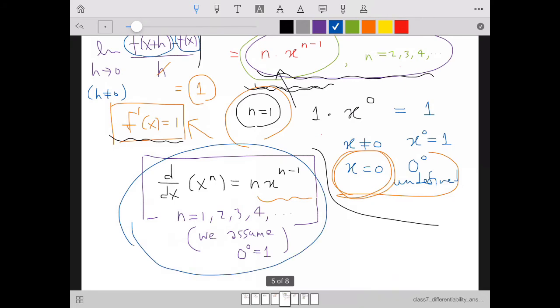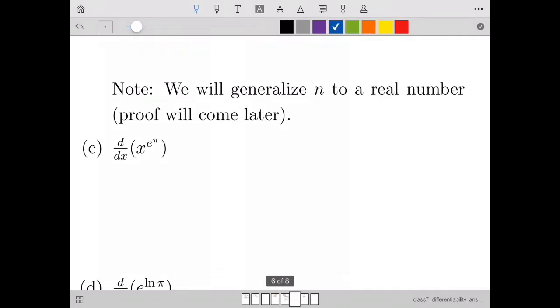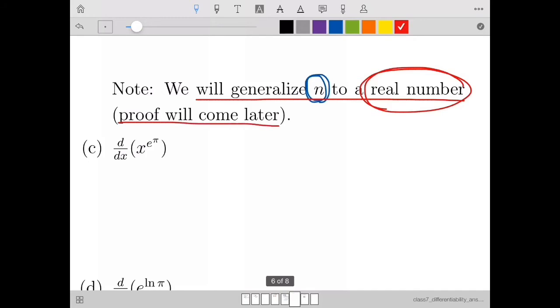So we can say this is true for all n positive integer and for all x. So in the previous proof, n was positive integers, but we'll generalize n to a real number. And for the real number, the proof will come later.